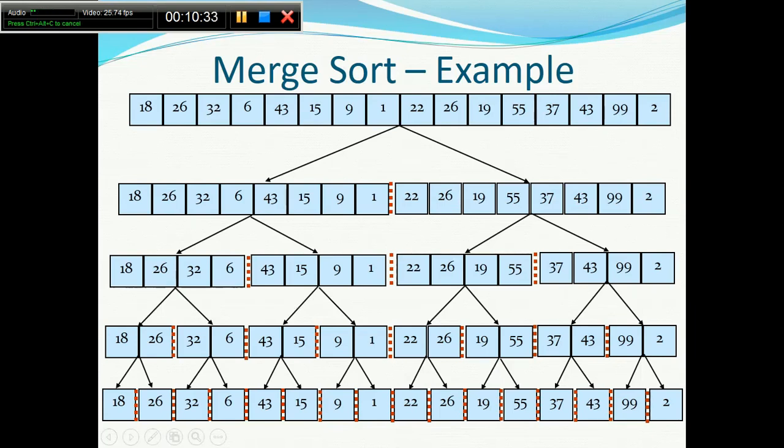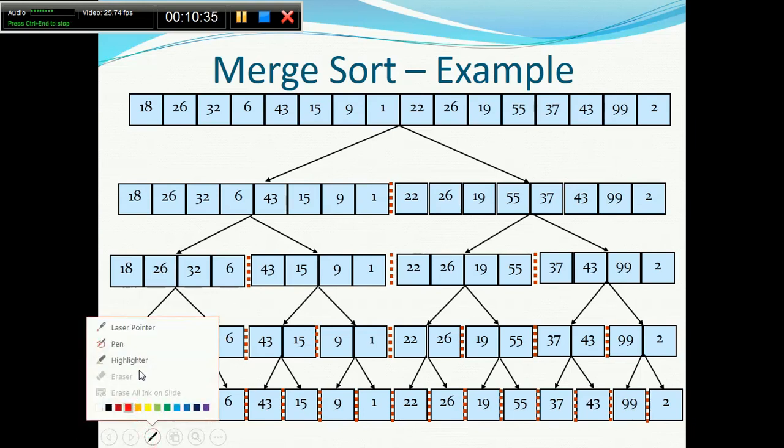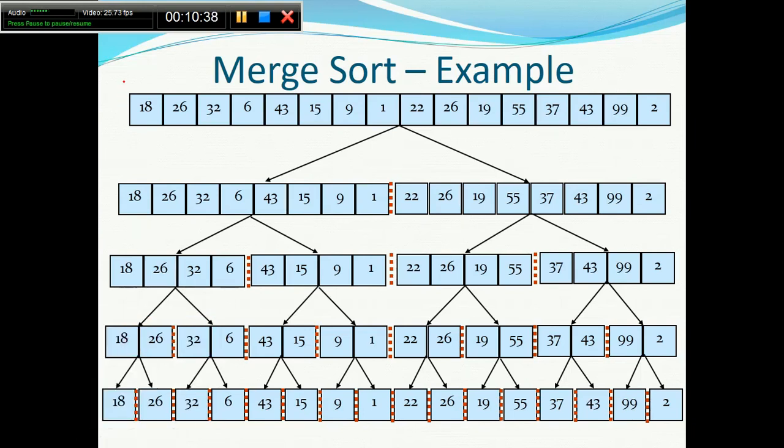Now we will discuss the time complexity here before jumping to the algorithm. If you consider this tree, you have to understand how many levels it has, and then for each level what is the time complexity for merging the answers to get a larger sorted array, that is, the cost of combining.